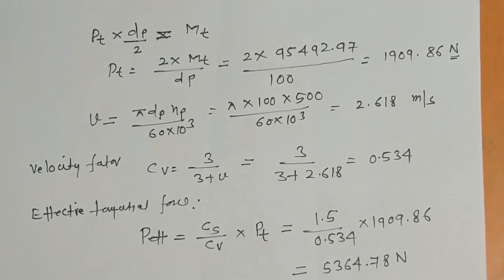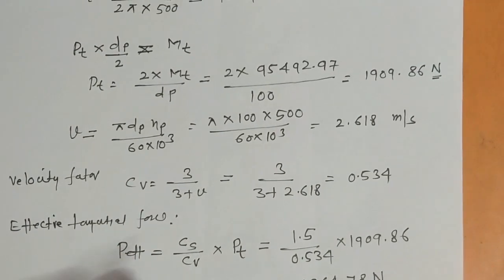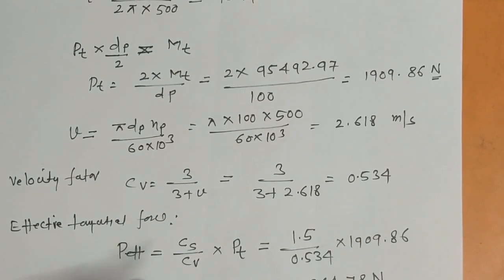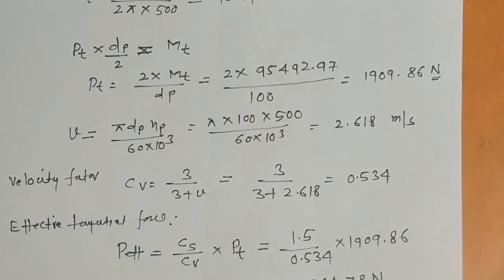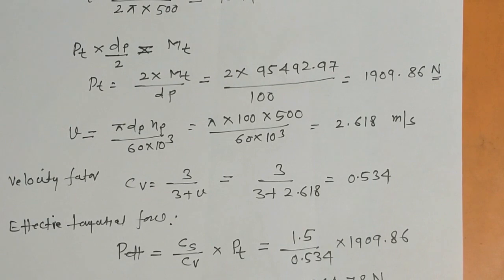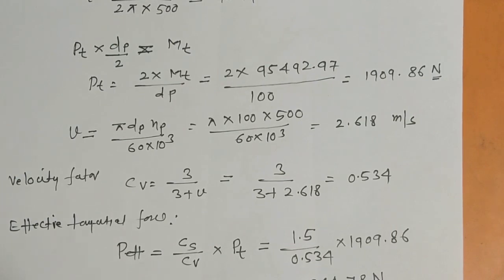Now we know the P effective at the pinion. From the free body diagram we can understand that the effective tangential force on the gear will be equal to this P effective only. So here we have to decide which one is weaker, the pinion or the gear, and proceed with the problem accordingly.